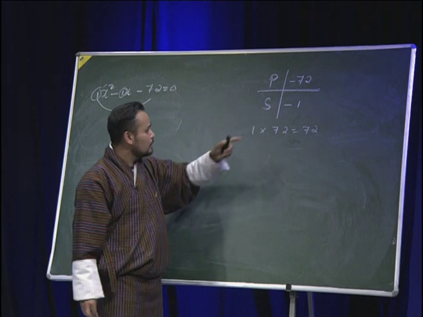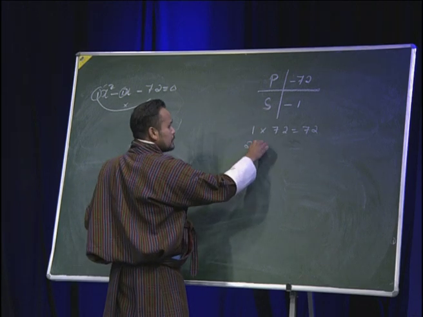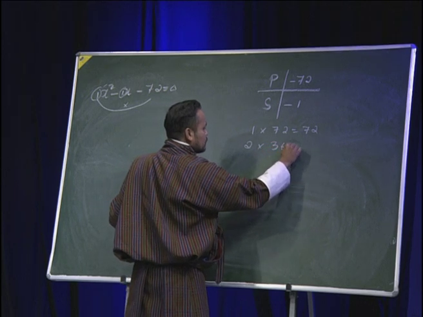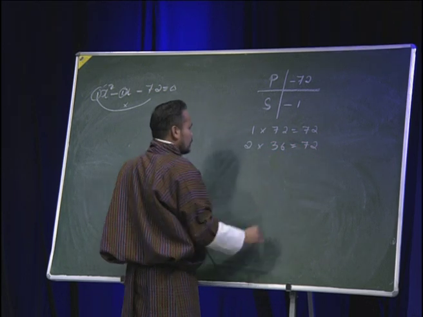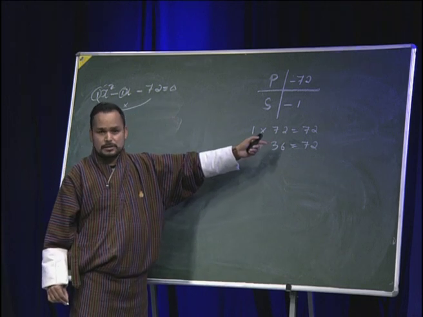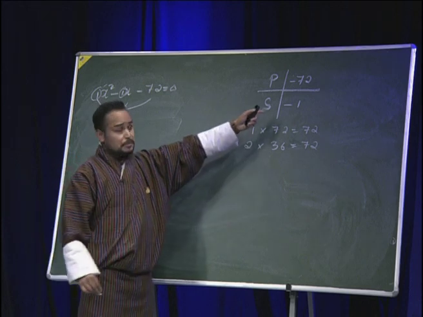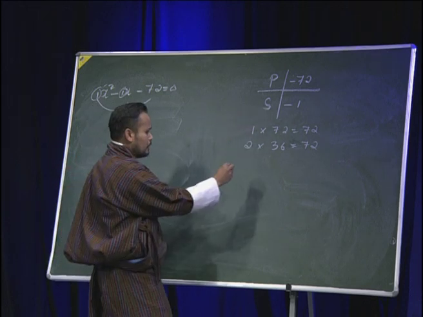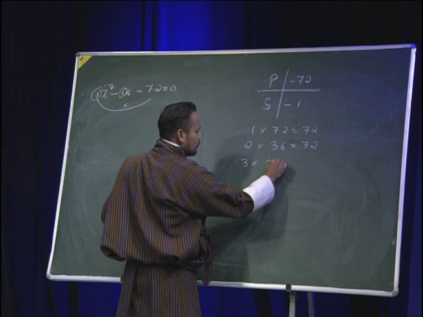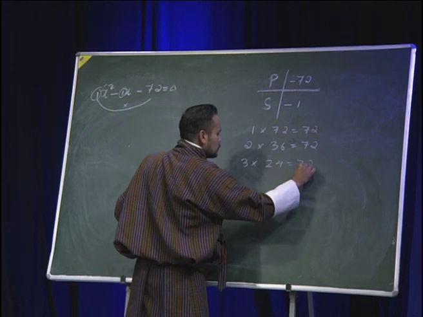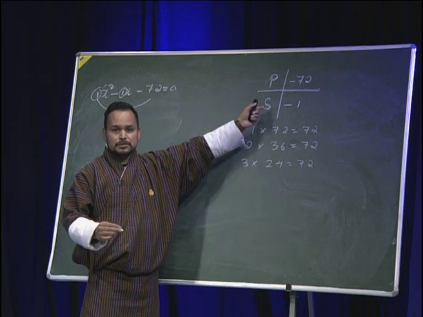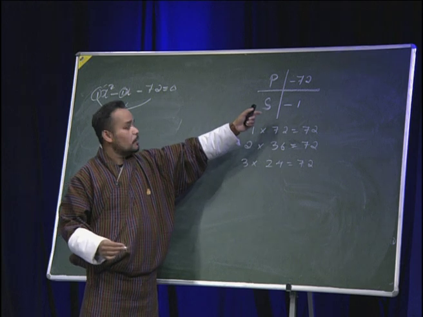I don't think so. 2 times 36 is equal to 72. Can you use these two numbers to get negative 1? Still you cannot get negative 1. 3 times 24 is equal to 72. Can you use these two numbers to get negative 1? Still you cannot.